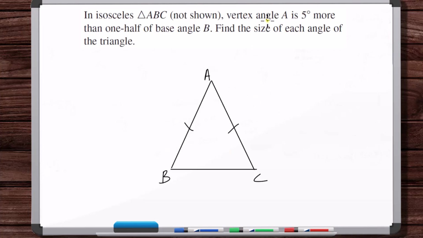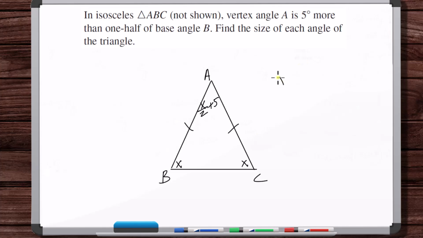The vertex angle A is 5 degrees more than 1/2 of the base angle B. So the base angles are both the same, they have to be. And the vertex angle is 5 degrees more than 1/2 of the base angle. There we go. So now find the measure of each angle.